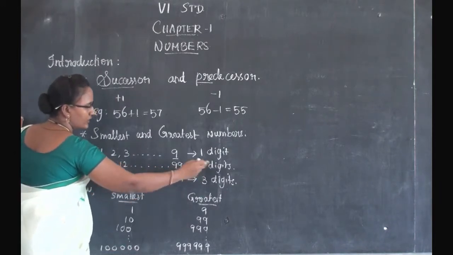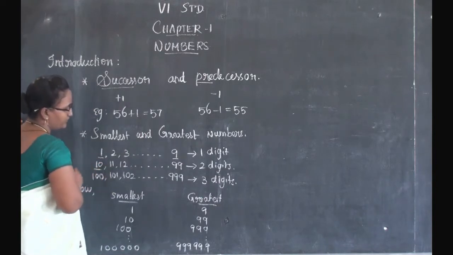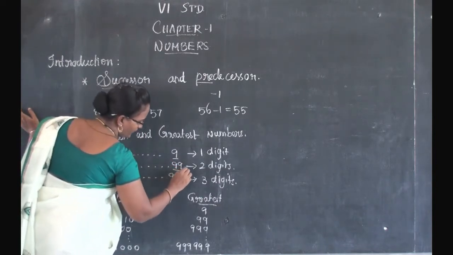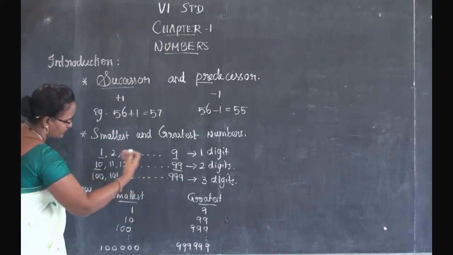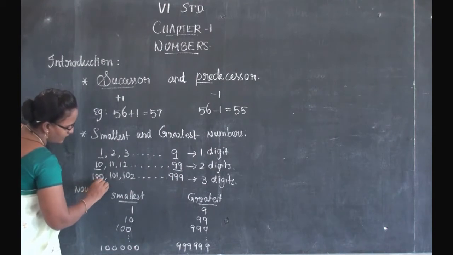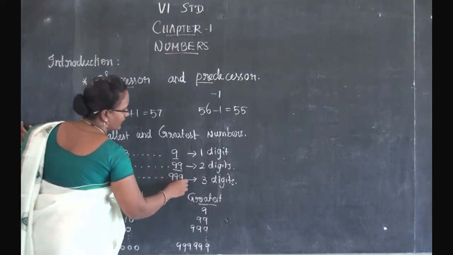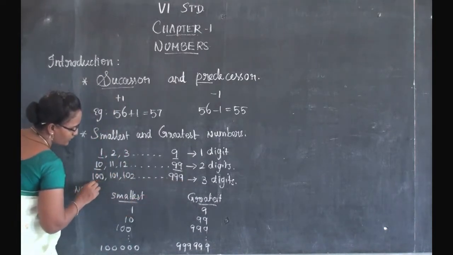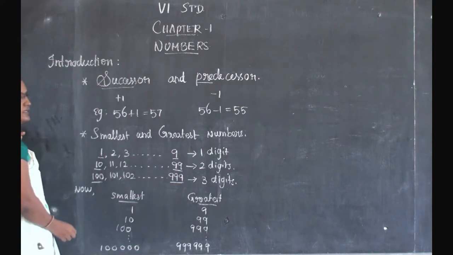These are 2 digit numbers. In 2 digit numbers, which one is smallest? 10, and greatest one 99. Again after 99, 3 digits will start. So that is 100, 101, 102 up to 999. So smallest one is 100 and greatest one is 999.